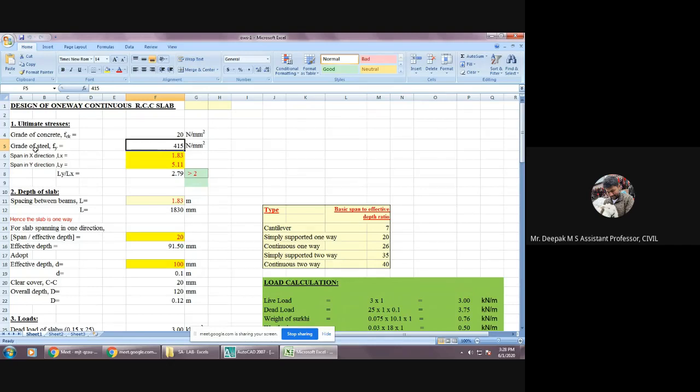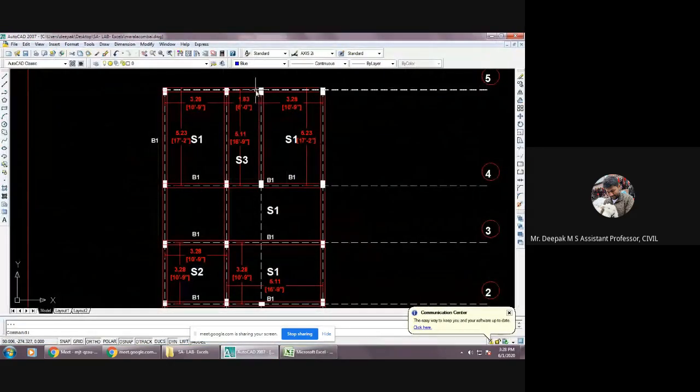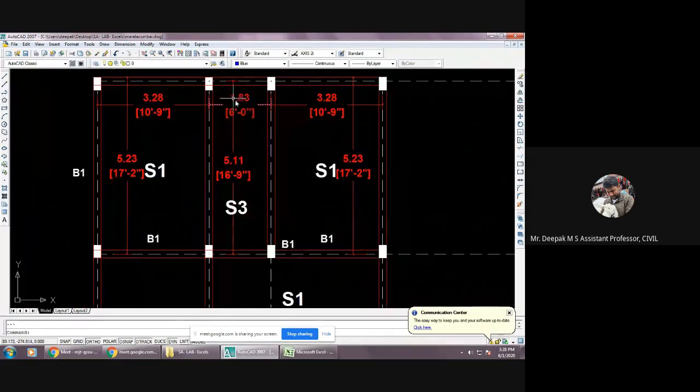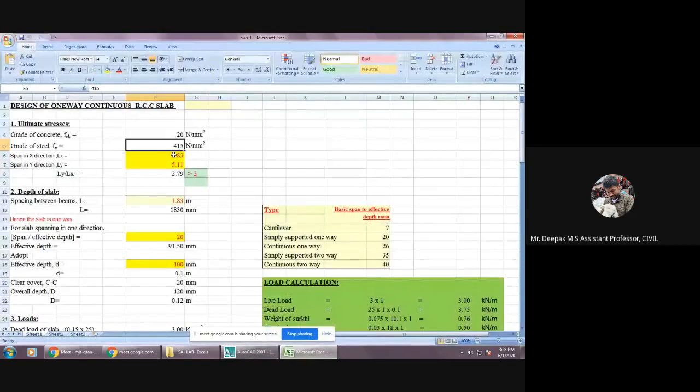And the span in X and Y direction means our plan here. This particular slab S3, the spans, the center to center distance I have taken, that is 1.83 cross 5.11. For this particular plan, I'm about to do this one-way slab. So that is span in X direction and span in Y direction.